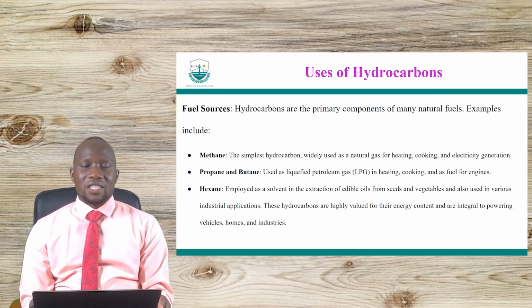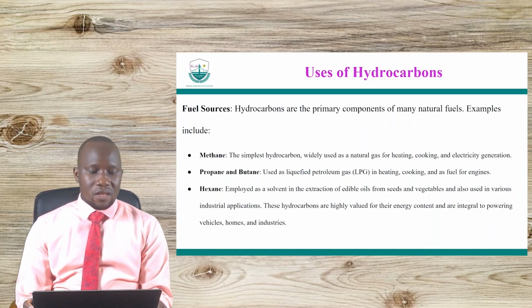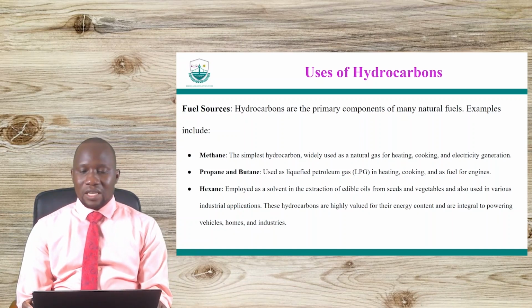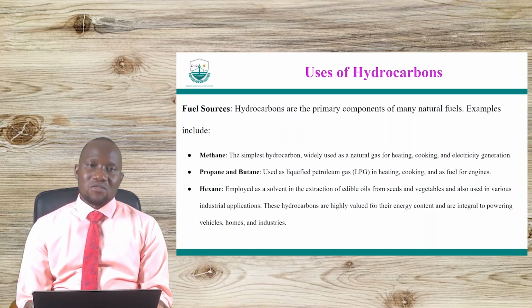So why are we interested in these hydrocarbons? There are a lot of things that we use at home, even at work, that are made up of hydrocarbons. The fuel that we use, whether at home or in cars, can be made from these hydrocarbons.